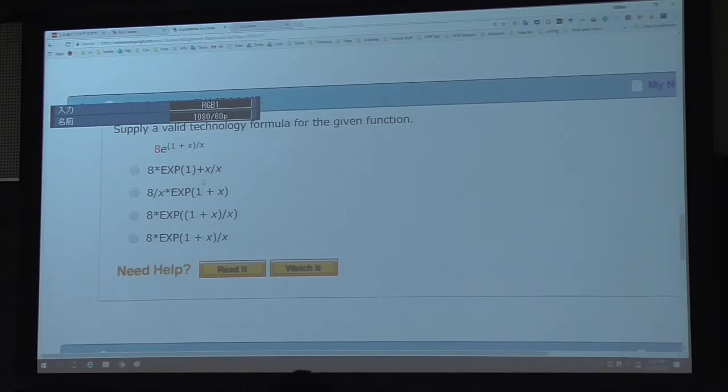Because everybody gave the same answer. So what was the answer? A. Okay, good. Okay. All right, let's do another one. Okay, this time. This question. So this is A, B, C, D.